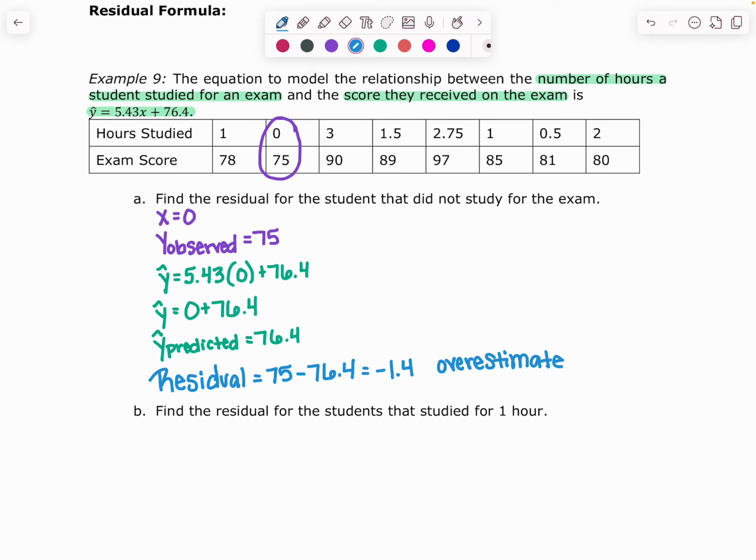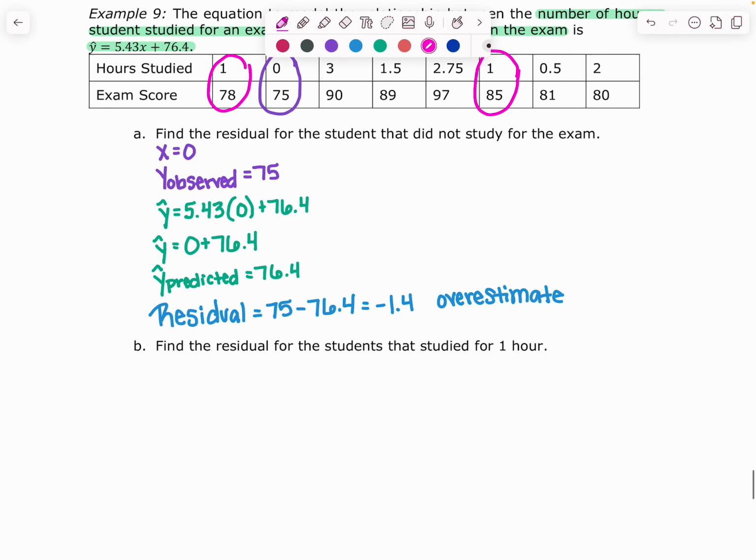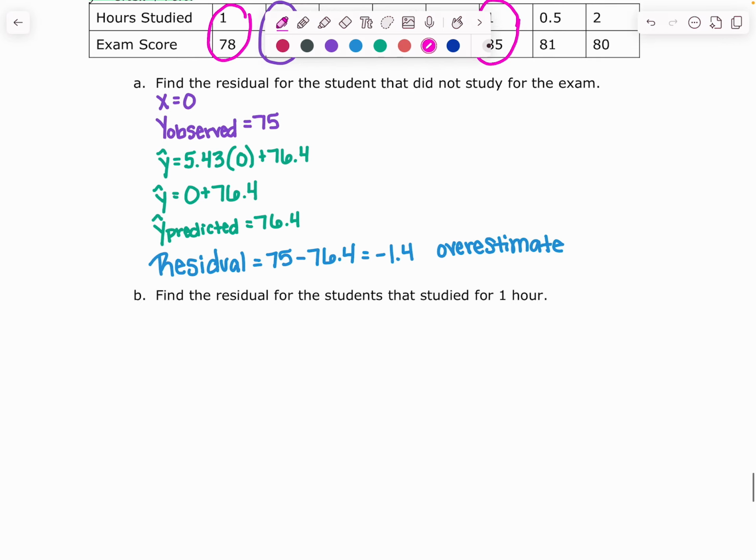So now let's do the same thing again for the students that studied for 1 hour. It says students because we have this student here that scored a 78, and we have this student here that scored an 85. So we have 2 students that studied for 1 hour.